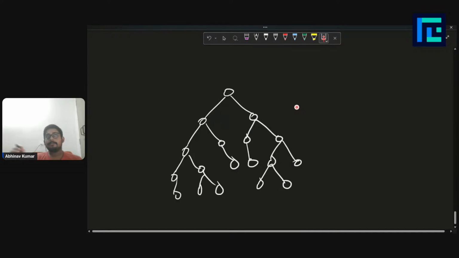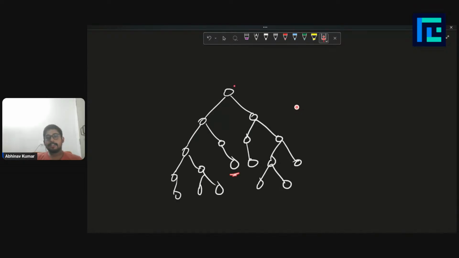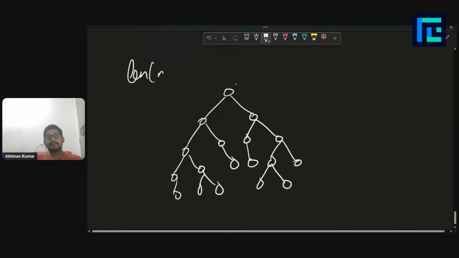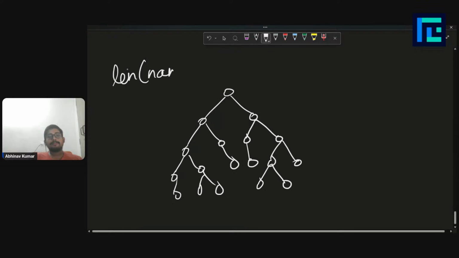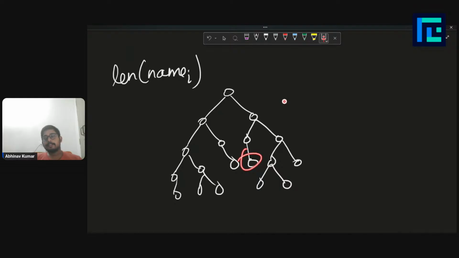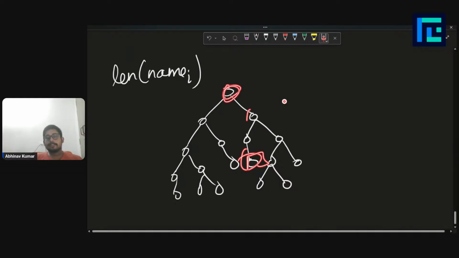What would be the name of a leaf? It would be starting from the parent till reaching here, whatever strings are coming, their concatenation. So what would be the length of the name for any node? If I'm at this node, then one character from here, one from here, one from here, one from here.